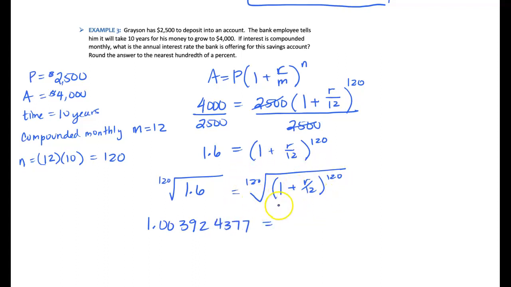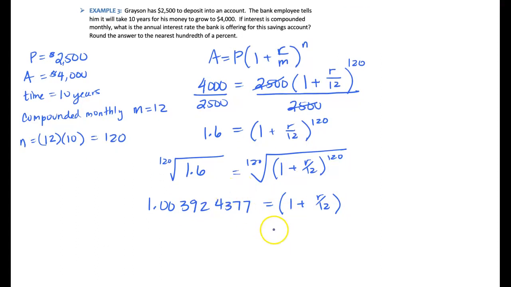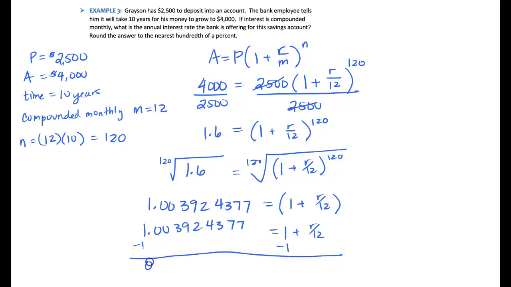And on the right-hand side, we're left with 1 plus r over 12. Now those parentheses are no longer really needed. We can subtract 1, which gives us 0.003924377 equals r divided by 12.